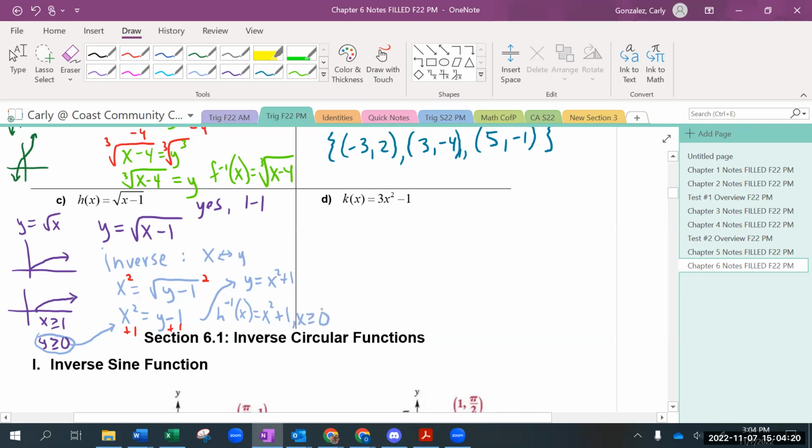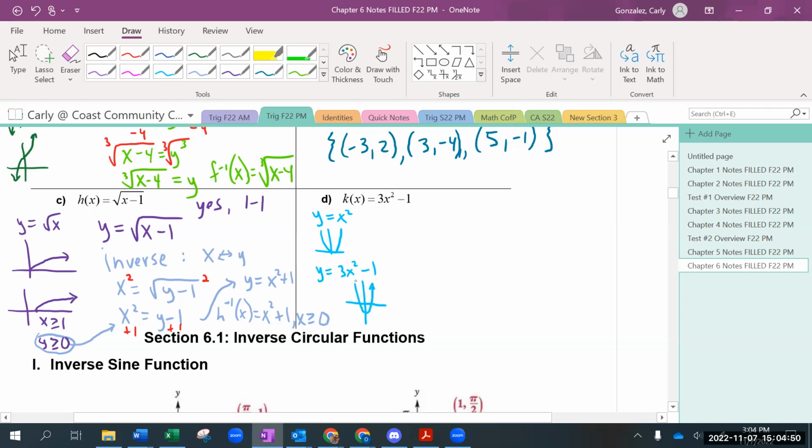And then last but not least, let's take a look at if we have k of x equals 3x squared minus 1. So here, we need to decide, is this a function and is it 1-to-1? So remember that y equals x squared is just a parabola opening upward. So the 3 will be a vertical stretch. The 1 will shift down 1 unit.